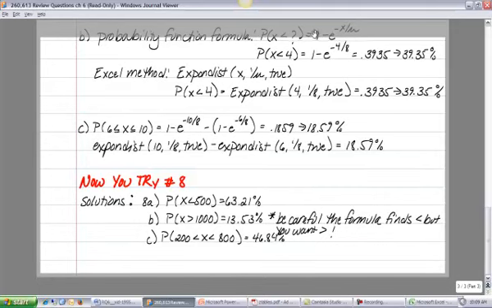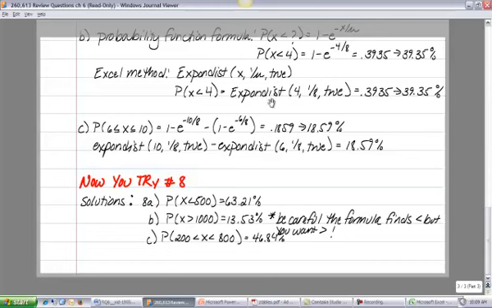Question B asks, what is the probability that it will take a worker less than 4 minutes to complete a task? So probability that x is less than 4, we plug into the formula 1 minus e to the negative x over mu. So 1 minus e to the negative 4 over 8 is going to give us 39.5%. I can do the same thing in Excel.